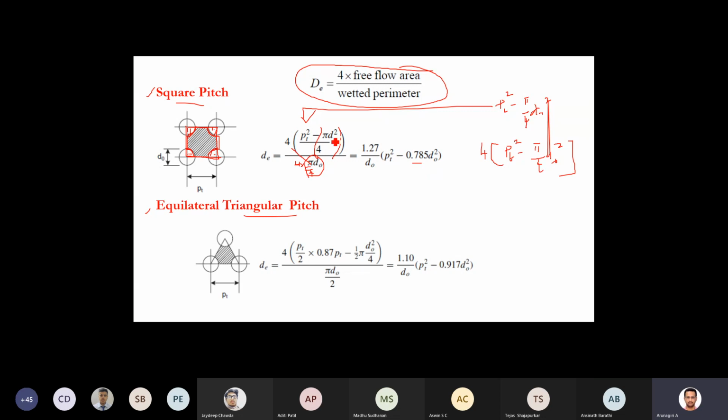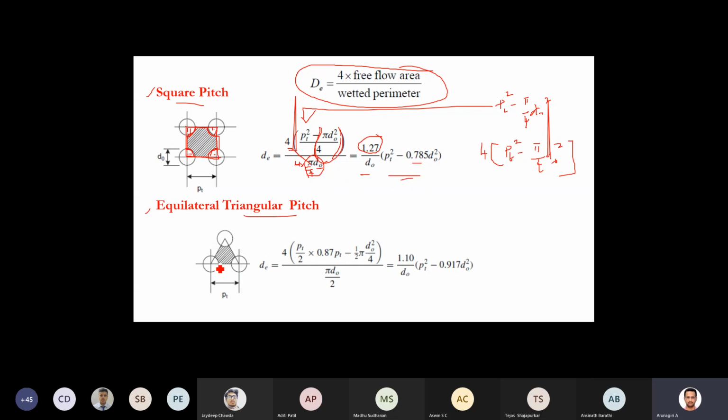Then here you have to convert. This is PT square. Here you have 4, so 4 by pi, 4 divided by 3.14 will be 1.27. So here it is wrong; this is correct: PT square minus pi by 4 D naught square. That is the flow area available. The wetted perimeter is pi D naught. This is the D equivalent.